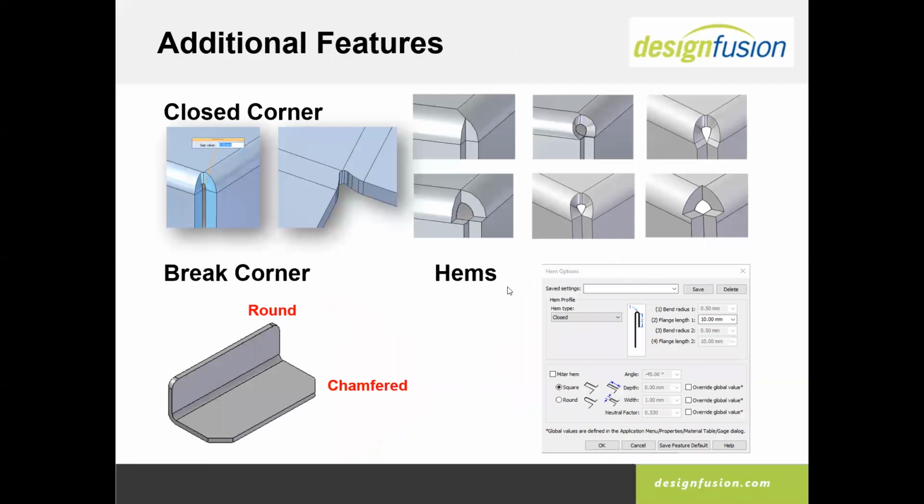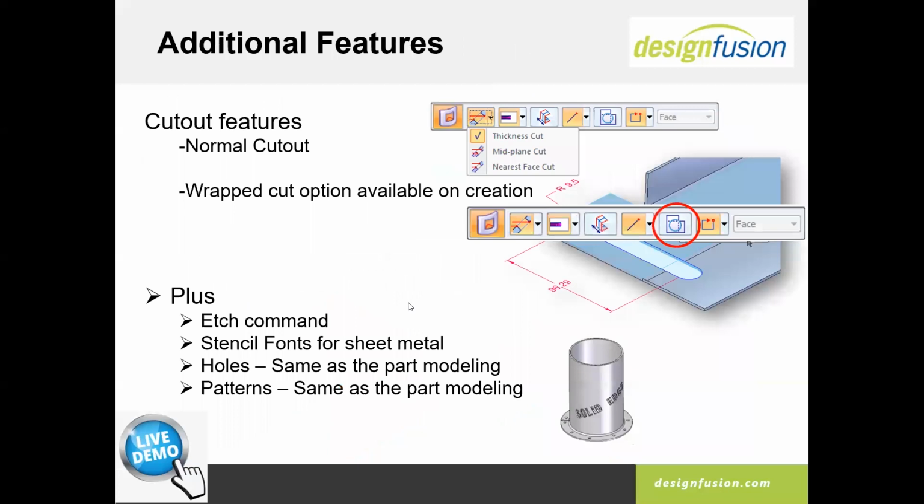And as I mentioned, the same hems, well, 5 of the same hems, and of course break corners for rounded and chamfered parts. And we also have our cutout features. Now, yesterday I showed you the bend and unbend command. We've actually built that into the feature here. Plus, we also have our etch command, stencil fonts, holes, and patterns.